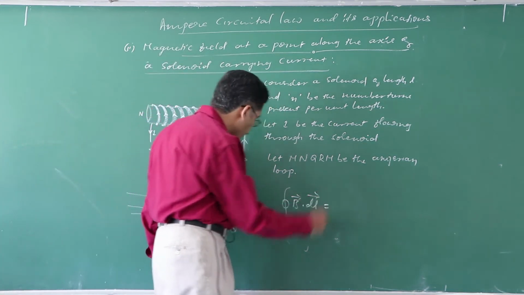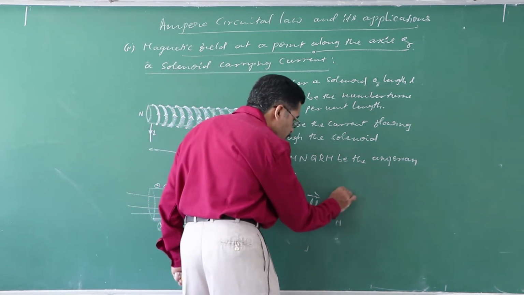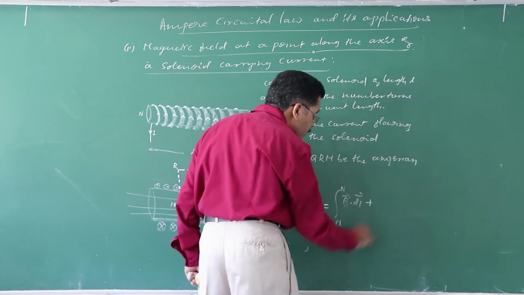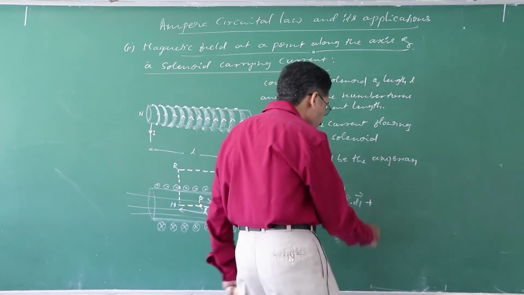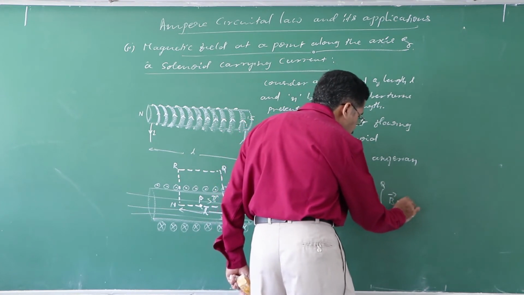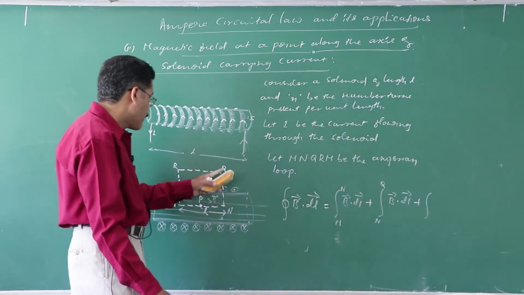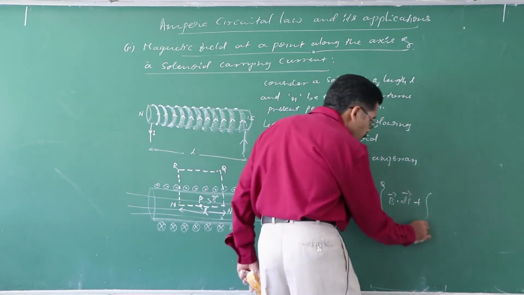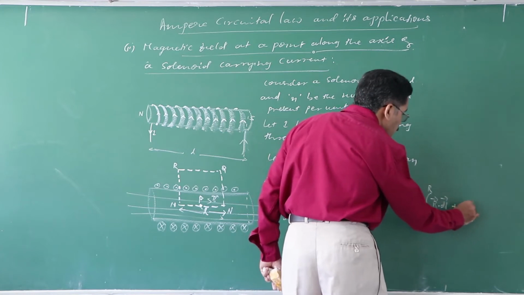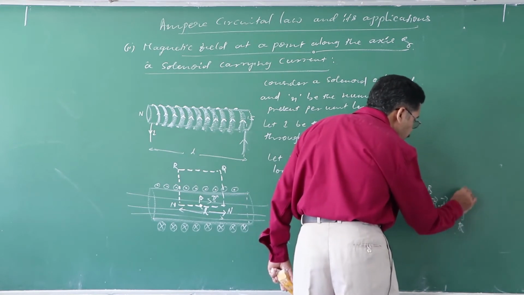The closed integral of B dot dl is equal to the integral from M to N of B dot dl, plus the integral from N to Q of B dot dl, plus the integral from Q to R of B dot dl, plus the integral from R to M of B dot dl.